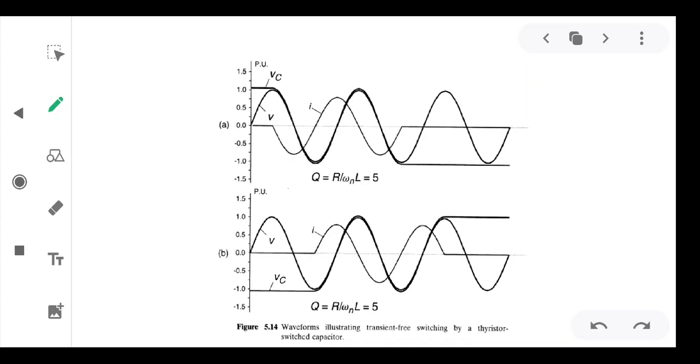Now let me explain the transient free switching of the TSC. Vc is the voltage across the capacitance of TSC, and I is the current through it when the thyristor is switched on.